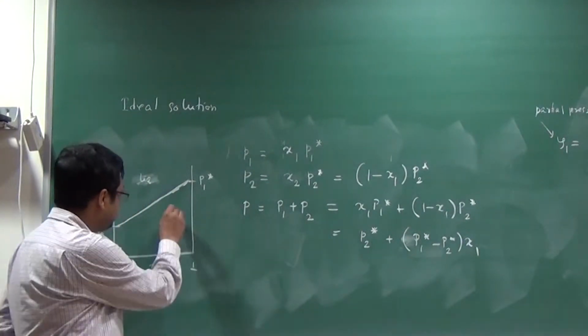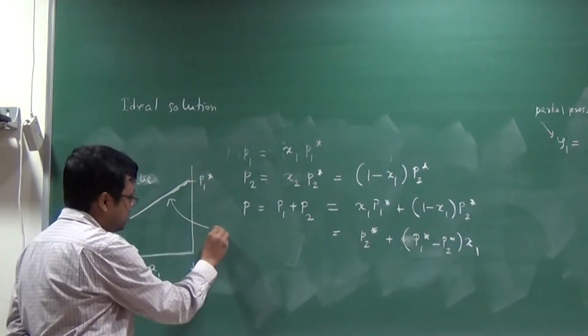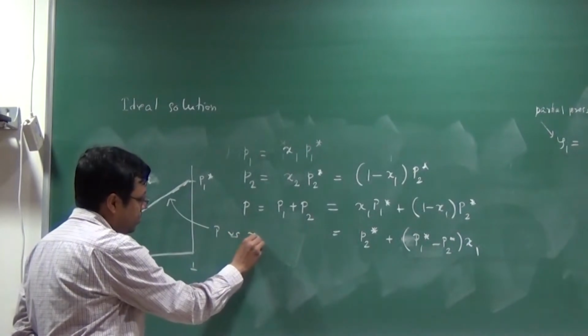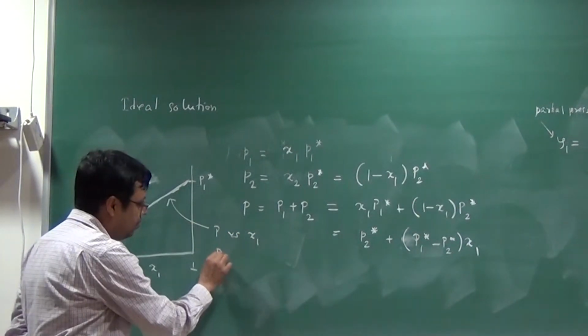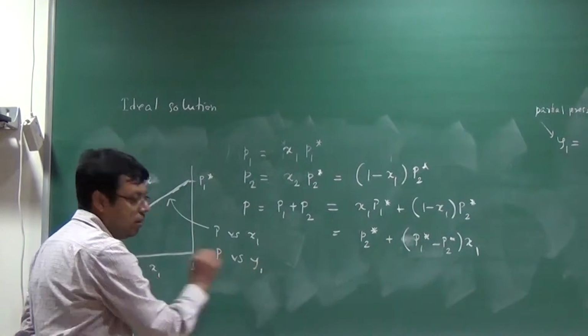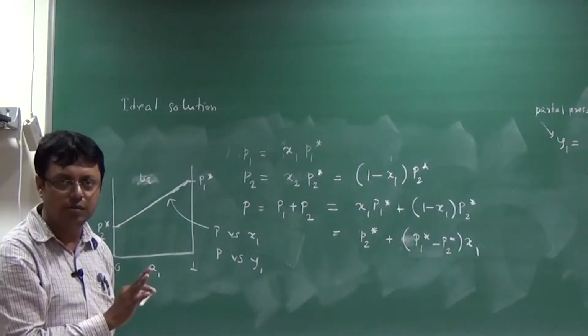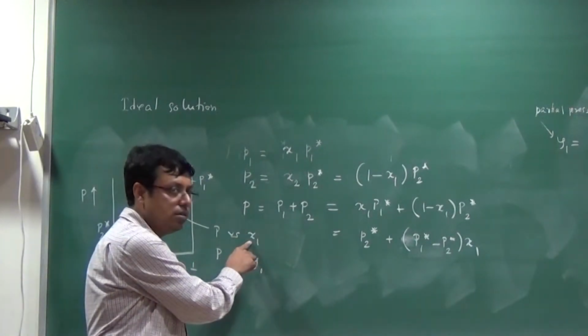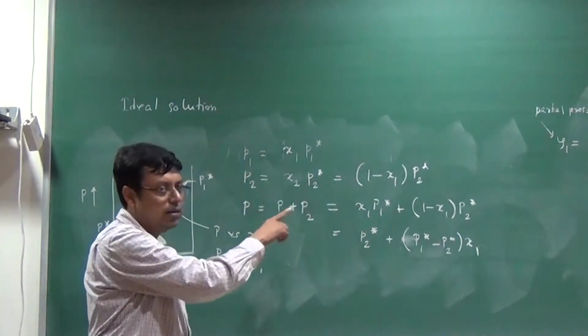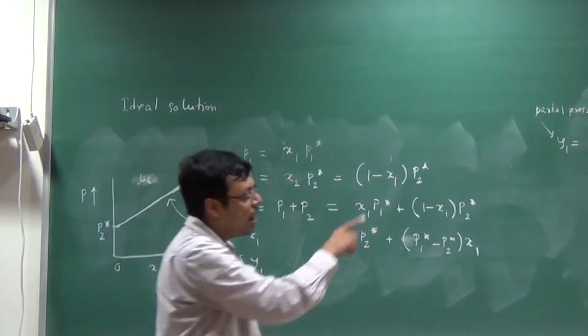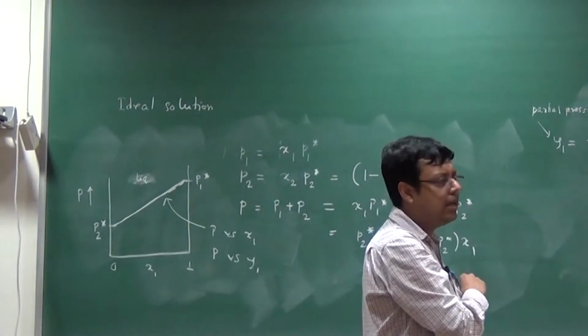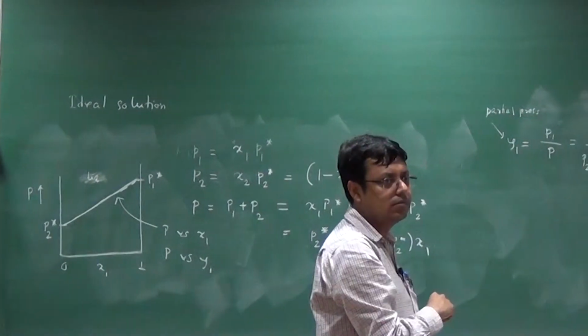This curve is for P versus x1, and I want P versus y1. All I have to do is write this x1 in terms of y1 and find the relation. If I write y1 as this, what will be the x1? You can easily rearrange it.